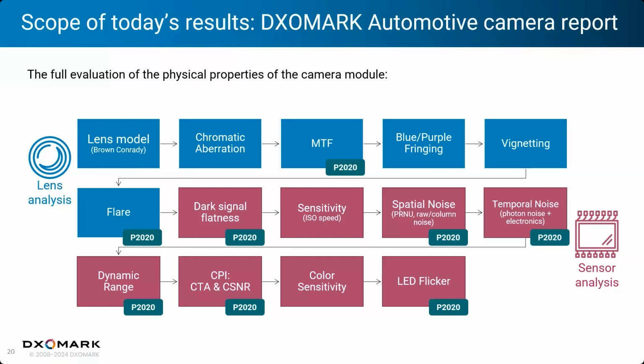So the first three elements that we will be discussing in this webinar are first the lens model, which is the distortion, and then the lens flare, accumulated with the sensor and camera module itself. And we'll also have the dynamic range of the sensor analyzed here.